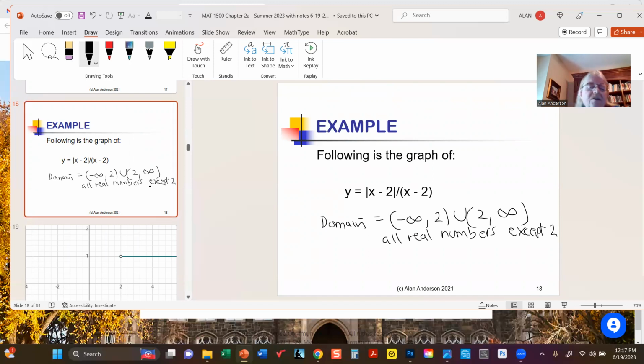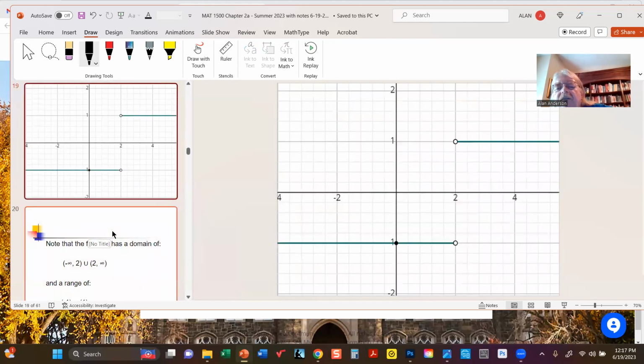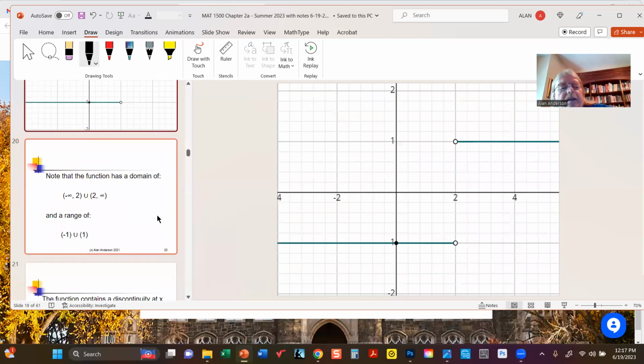Now, the range is very strange in this one. Let me show you the graph real fast. The range basically is restricted to the two values, 1 and negative 1. It's hard to tell just by looking at the function, but that's all you've got to choose from. It's like a graph that has two sections to it. And what you'll notice too is that as long as x is strictly less than 2, y equals negative 1.